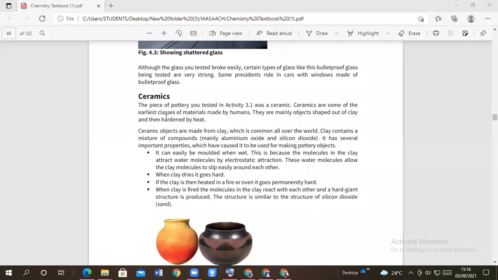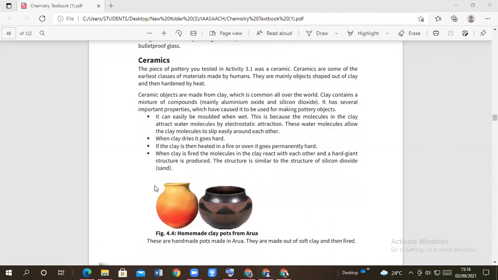If they are saying a piece of pottery, you get a piece of pottery, then you mold it into different shapes, like this one. Have you seen those nice looking pots? Here they are saying ceramic objects are made from clay.